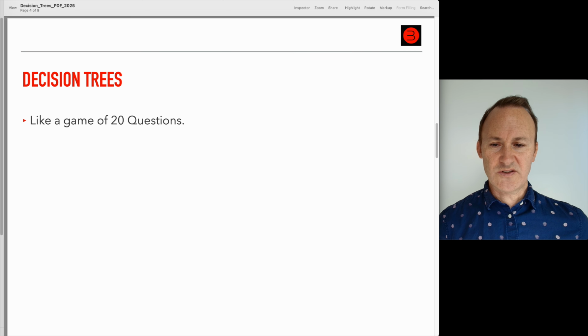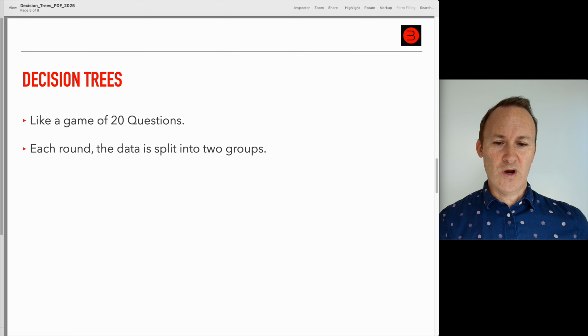So how does this work in machine learning? Well, you start off with your data, and in effect, each question you ask really splits the data into two separate groups. So if we're looking at the census data, whether somebody makes more or less than 50K, you might ask a question about their education, like are they a college graduate?